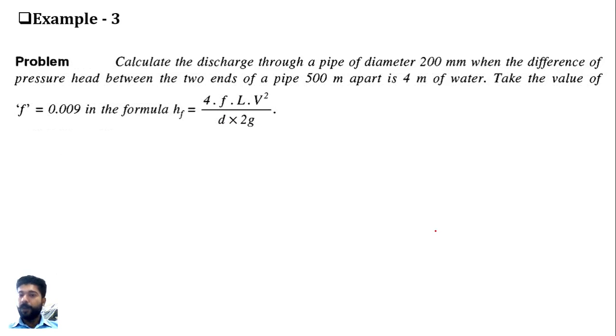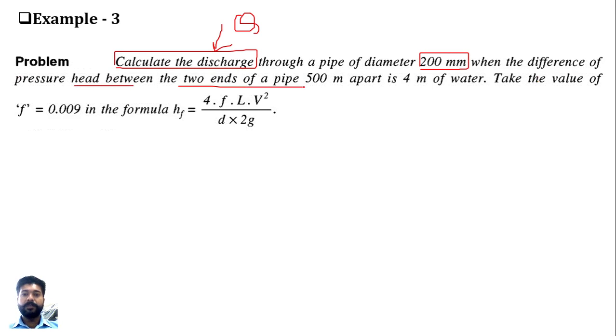Let's solve one more simple example based on this. In this example, we need to calculate discharge. We need to find discharge Q through a pipe of diameter 200 mm. The difference of pressure head between two ends of the pipe, which are 50 meter apart, is 4 meter of water.